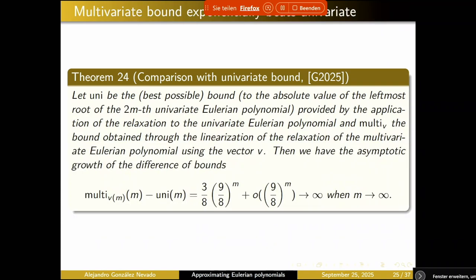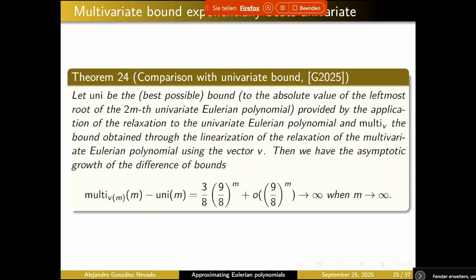You want this to be bigger than 0, and you see that it is not just bigger than 0. When m goes to infinity it is much bigger than 0. So adding more variables, adding this extra combinatorial information, radically improves the relaxation.